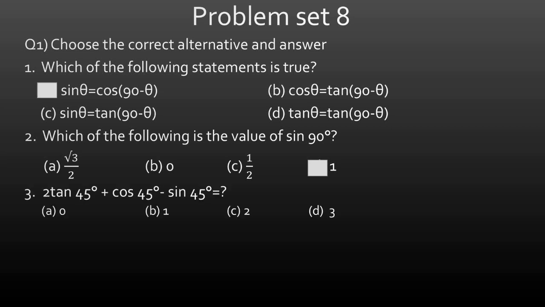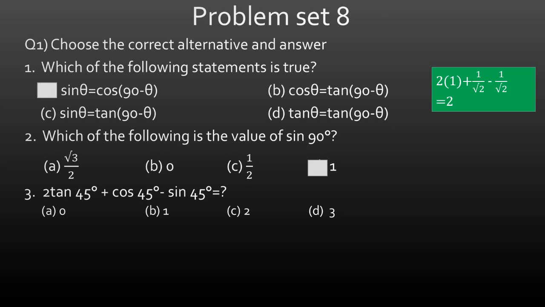Third question, 2 tan 45 degree plus cos 45 degree minus sin 45 degree is equal to question mark. Now we have to just substitute the values of tan 45, cos 45 and sin 45 and we will get the answer. So by solving it, we get tan 45 degree is 1, cos 45 degree is 1 upon root 2 and sin 45 degree is also 1 upon root 2.